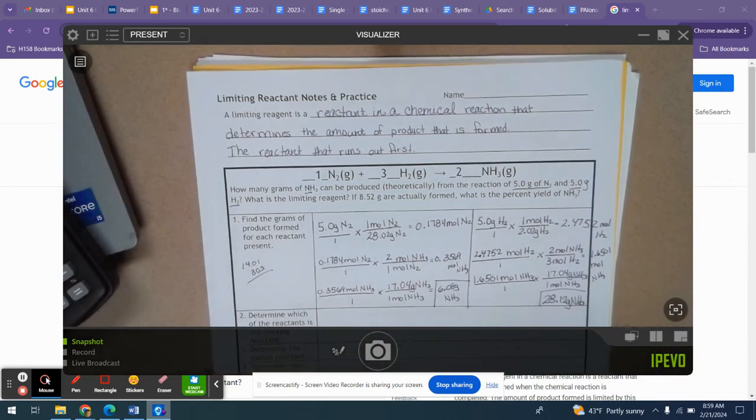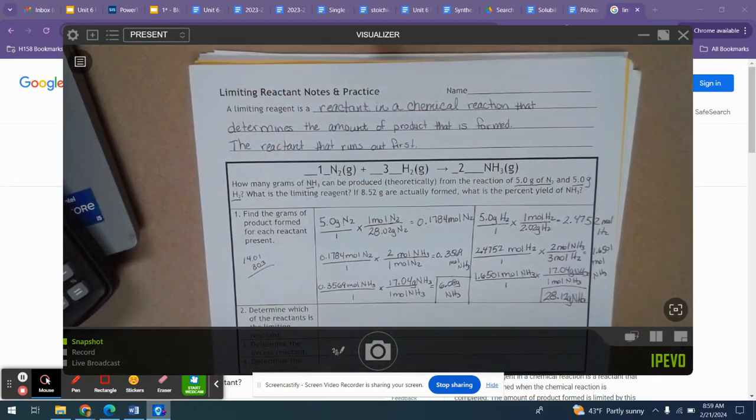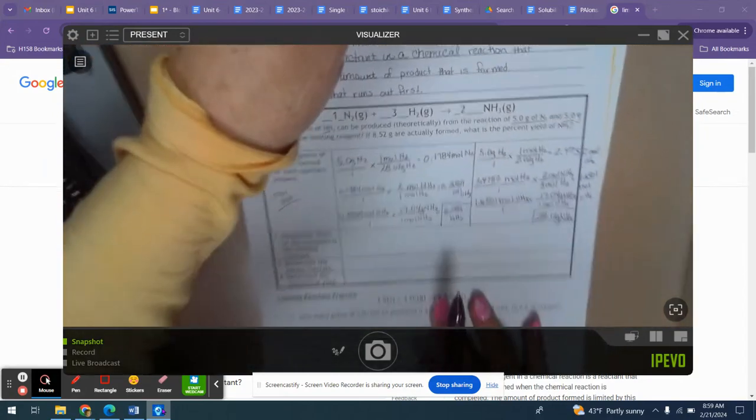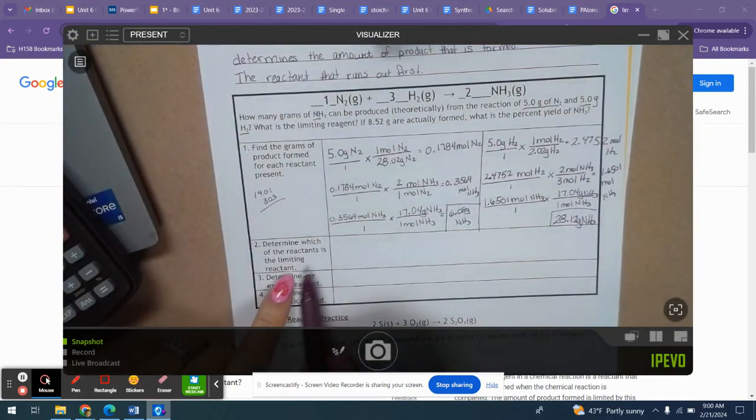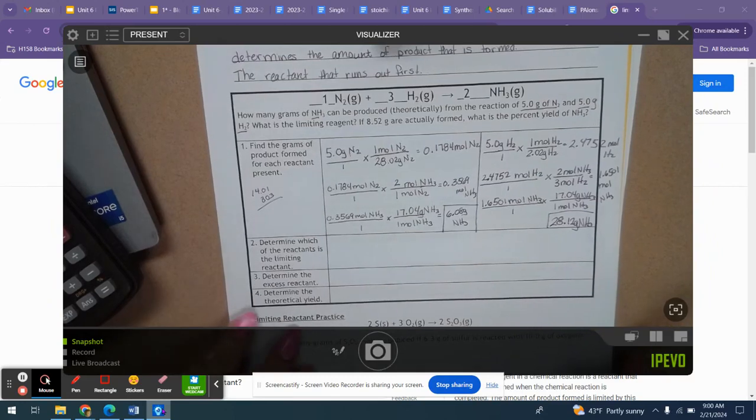Okay, so now here's where we go beyond the stoichiometry. Here's where the limiting reactant is determined. This next step says determine which of the reactants is the limiting reactant.